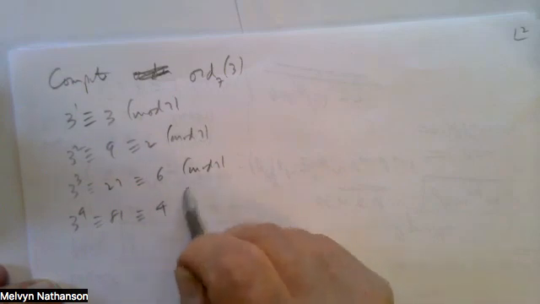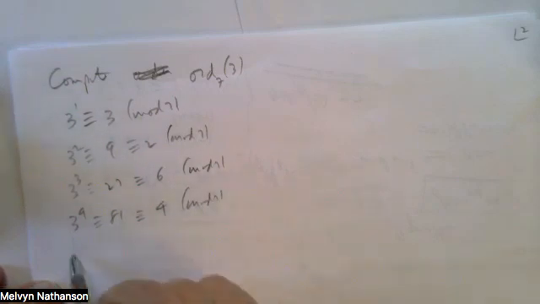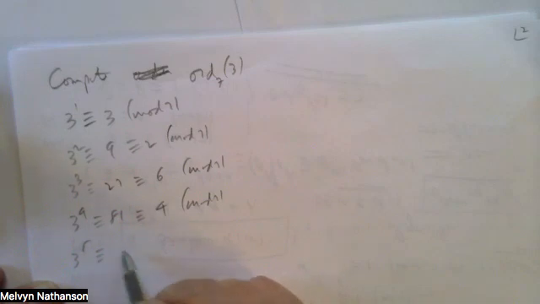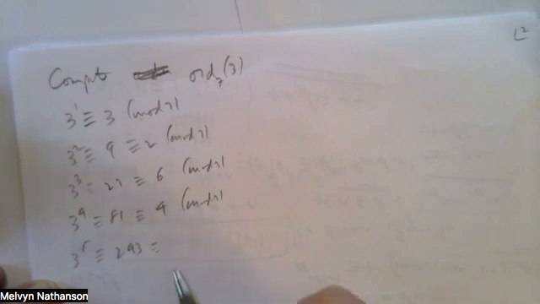Divide 81 by 7, you get remainder 4. 3 to the fifth is 243. Divide 243 by 7, you get remainder 5.